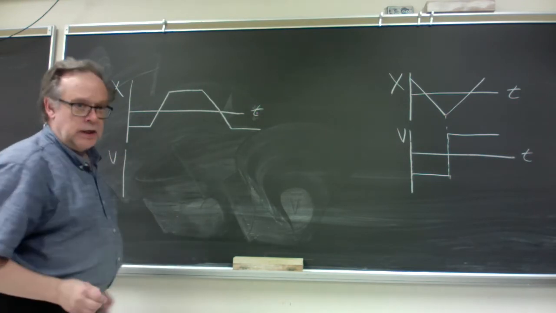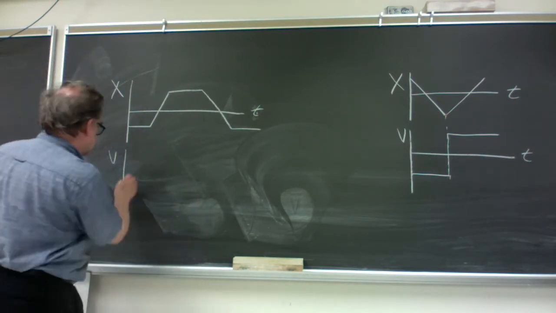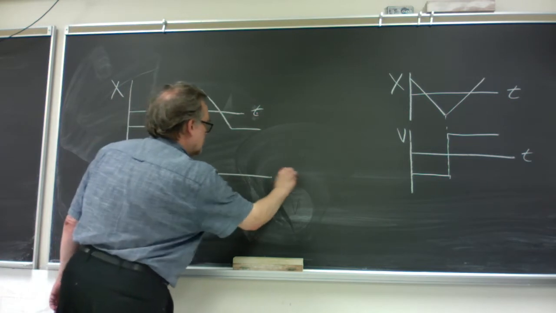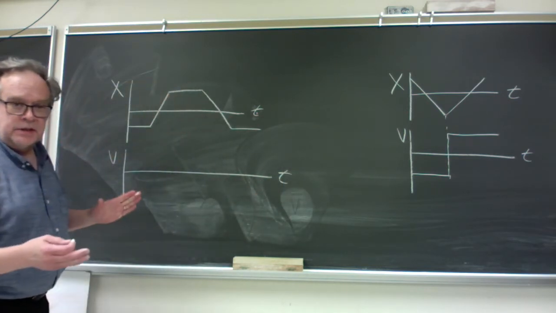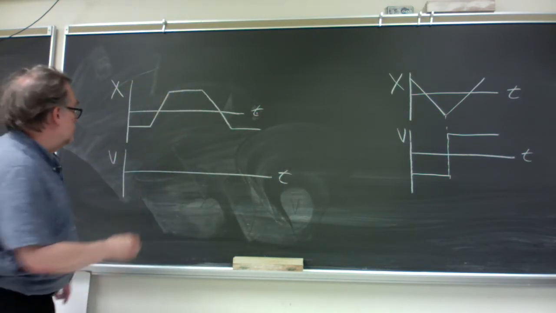And so the velocity versus time graph would look something like this. Let's line up the times where the motion changes.